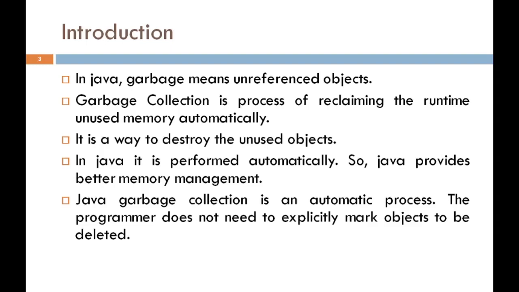Normally, garbage collection in Java is done in the following manner. All the objects are allocated on the heap area managed by the JVM. As long as an object is being referenced, the JVM considers it alive.